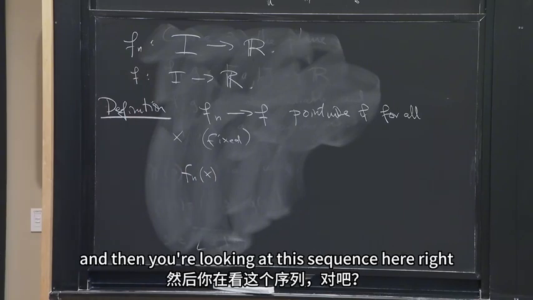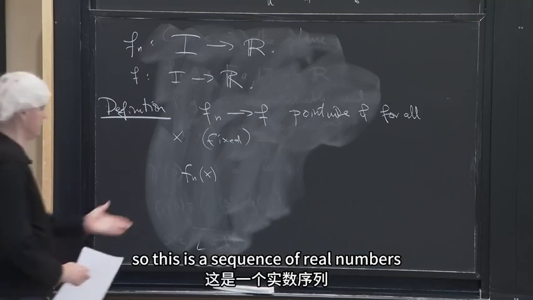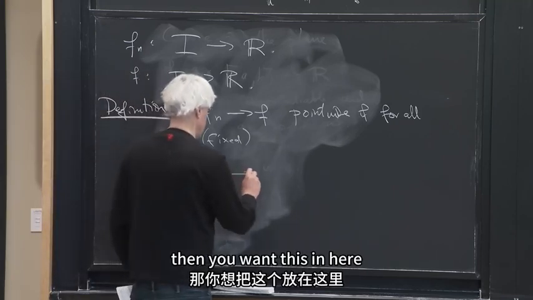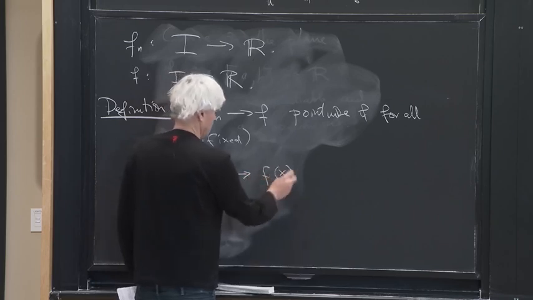So this is a sequence of real numbers because x is fixed. Then you want this to converge to f of x.